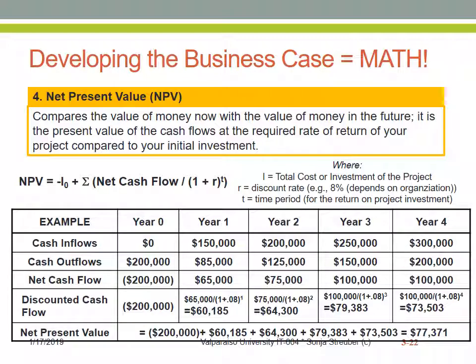So that's what you're seeing at the bottom of the slide, minus $200,000 plus the $60,185 from year 1, plus the $64,300 from year 2, plus the $79,383 from year 3, plus the $73,503 from year 4. That gives us a net present value of our $200,000 investment of $77,371. Of course, a net present value that is bigger will allow us a better valued project outcome.